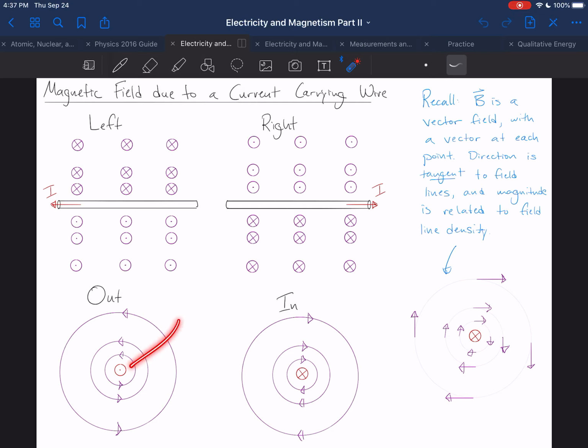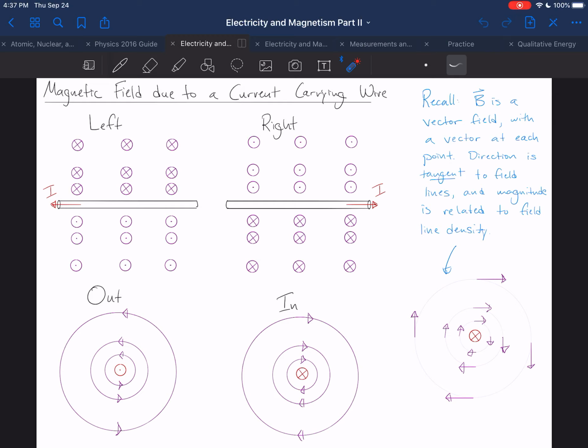Well, you can use the same representation for the current that you do for the magnetic field. So we represent the current coming out at us, and the magnetic field you would see then looks like this. These are concentric circles going in the counterclockwise direction.